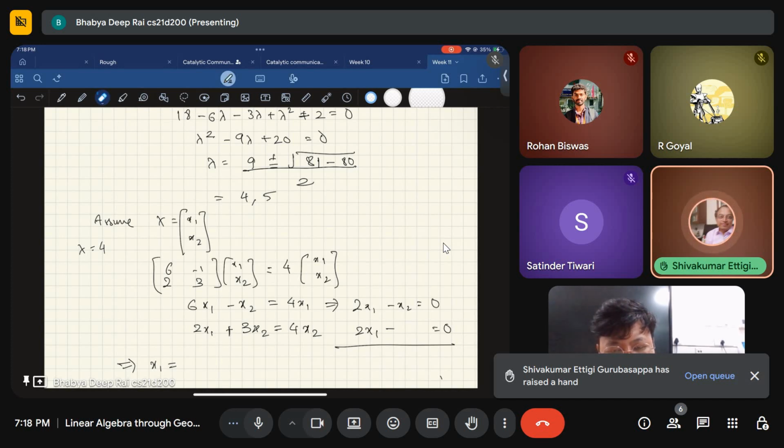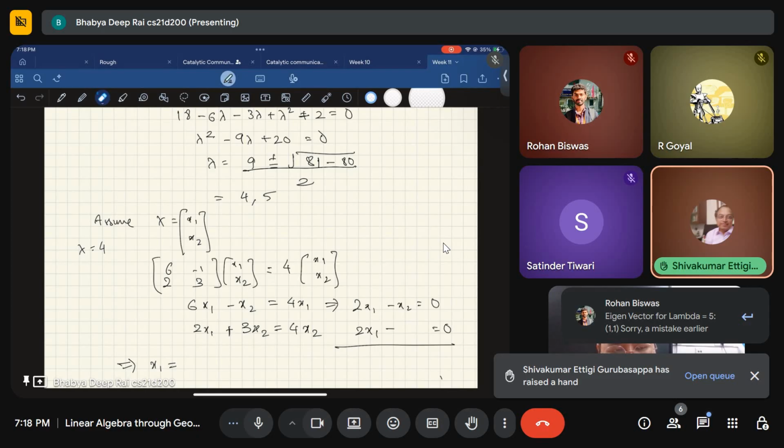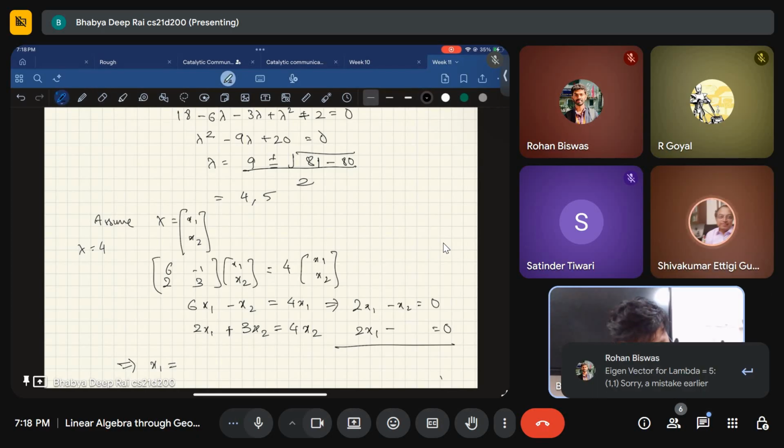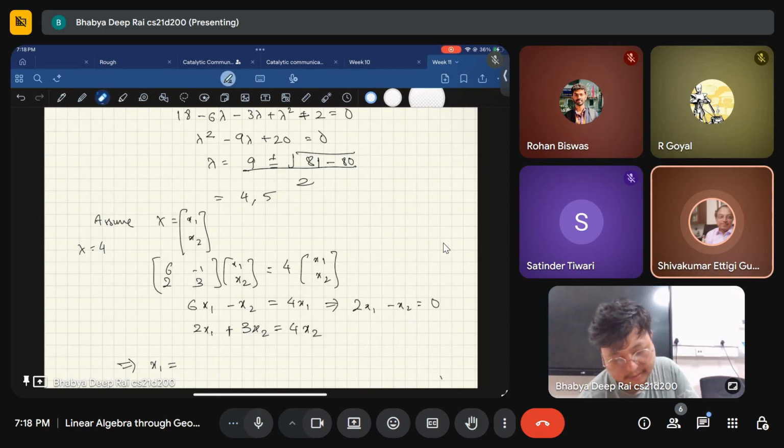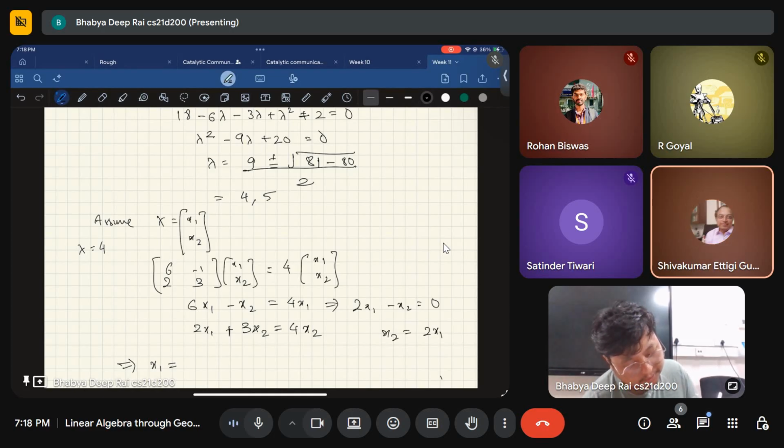So x2 will be equal to 2x1 from the second equation. That's right. From the first equation, 6x1 minus 4x1, that is 2x1, will be equal to x2. So we get the same equations.